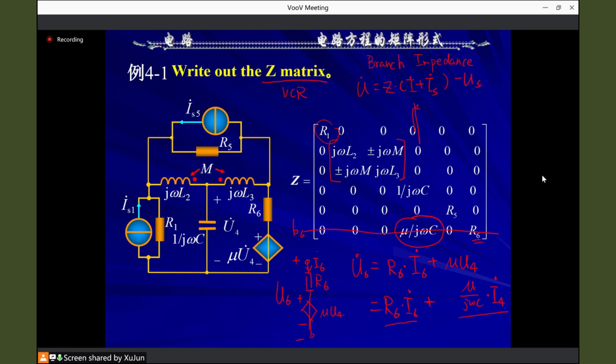So it will be column 4. The column 4 position will have a component, because it means branch 6 is affected by branch 4. So it will be row 6, column 4. Column 4 has components, has elements.